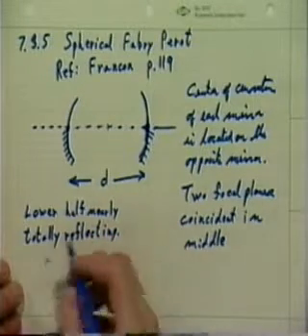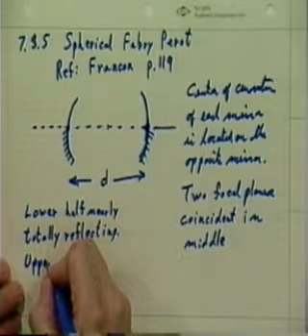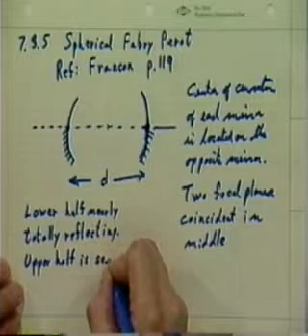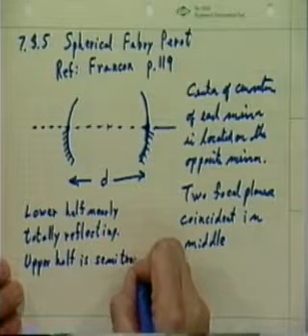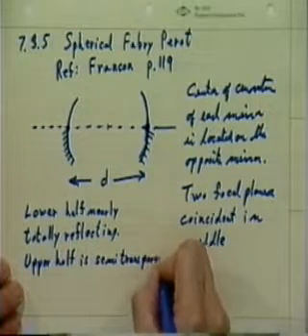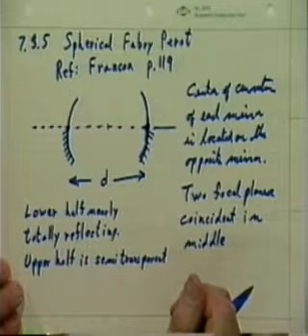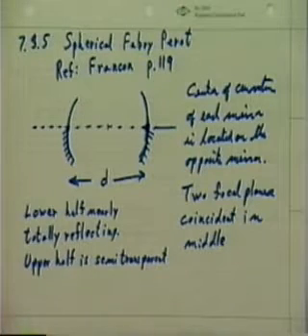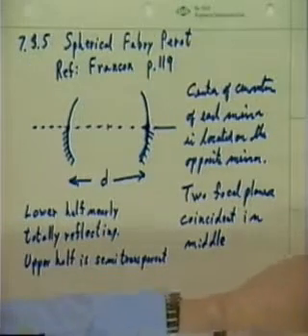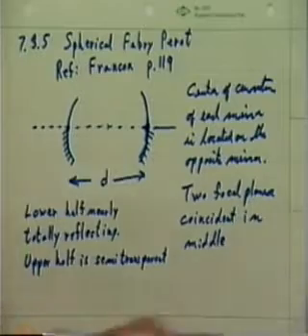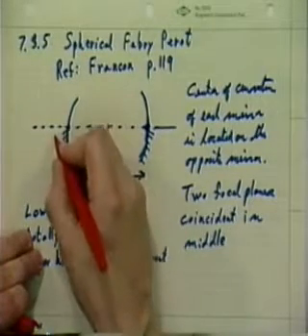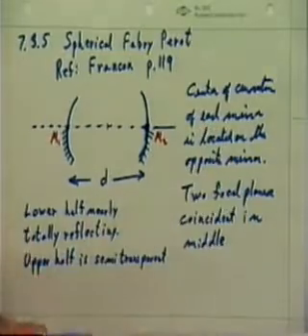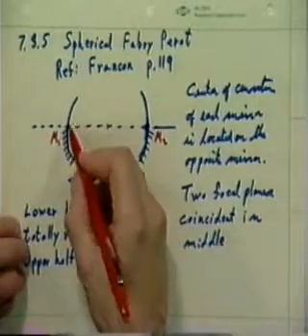Upper half is semi-transparent. Okay. And I guess the other thing, I'll get a different color here. This point here I'm just going to call M1, and this point over there I'll call M2, for mirror 1 and mirror 2.